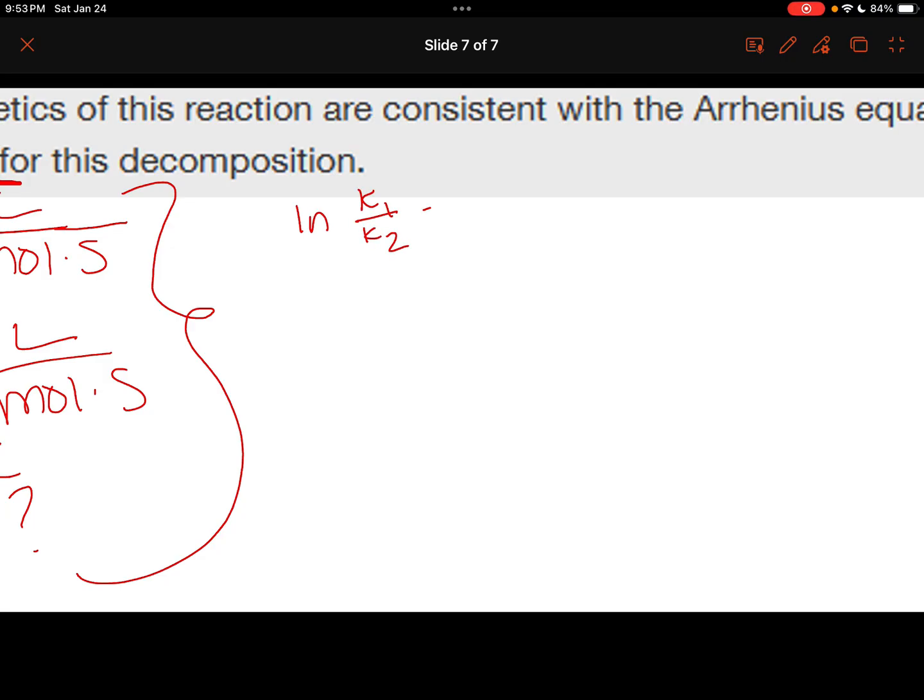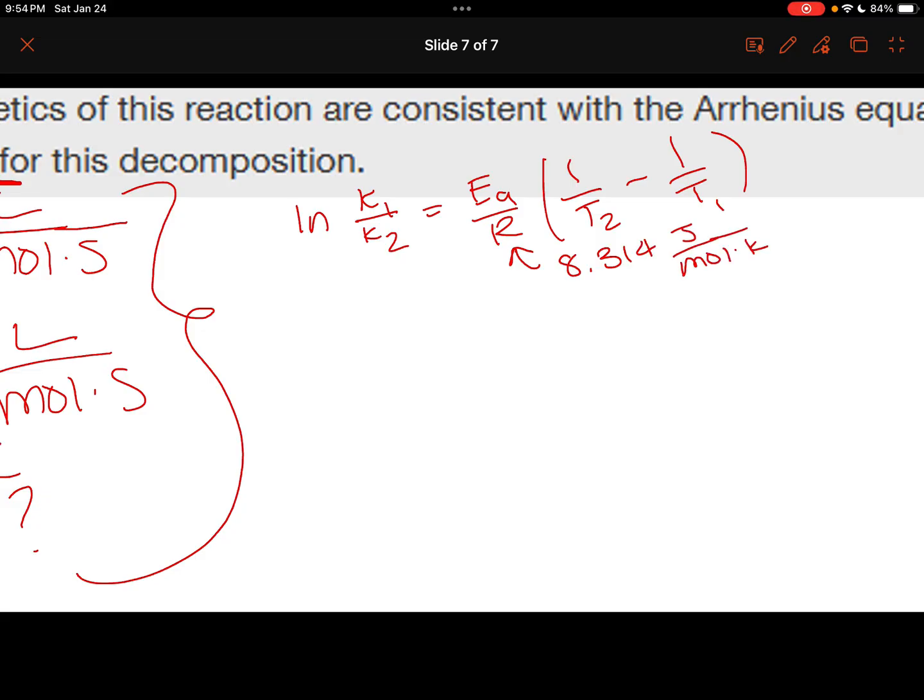So I'm just going to write that out here. All right, and so we know everything that we need to know, because we know R is just going to be 8.314 joules per mole Kelvin. Just be aware that that means that our activation energy is going to be in joules per mole. Those are the units that you should end up with.